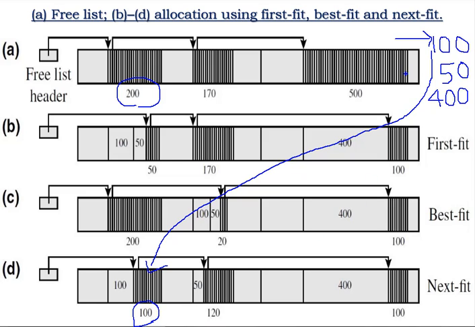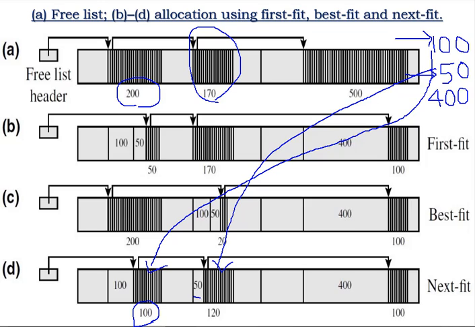Now for the second process, the operating system selects the second block and not the first block, even though 100 bytes remain there and we could easily allocate these 50 bytes in the first block. The operating system selects the next free block for the allocation. As per the next fit rule, it allocates the second process to the second block.